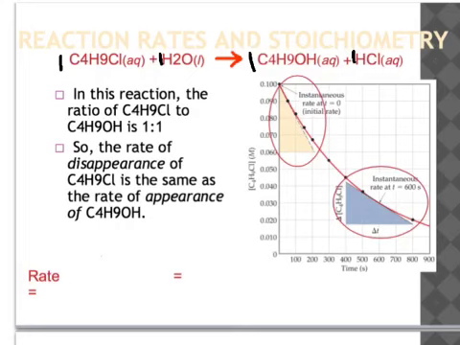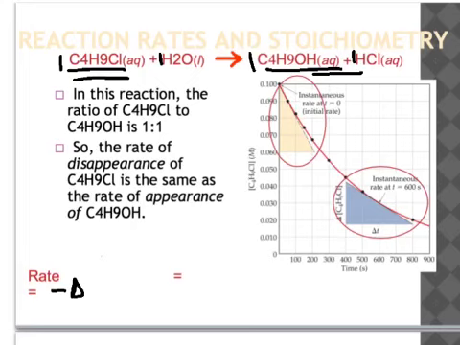So, in other words, our reactants are going to disappear, get consumed, at the same rate that our products are appearing. So we would express that as rate is equal to the disappearance of, since the butyl chloride is disappearing, we're going to show it as a negative change.